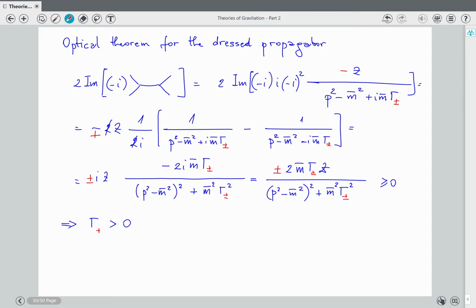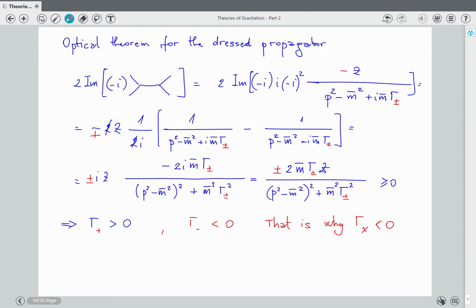If the residue of the propagator you start with is positive, the width is positive, and if the residue of the propagator you start with is negative, then the width is negative, just to have the optical theorem. That's why gamma of chi is negative.